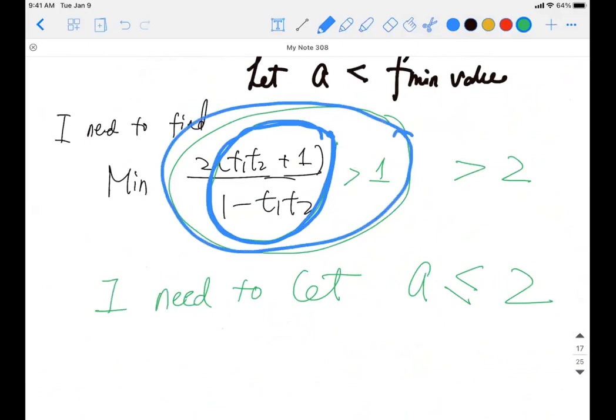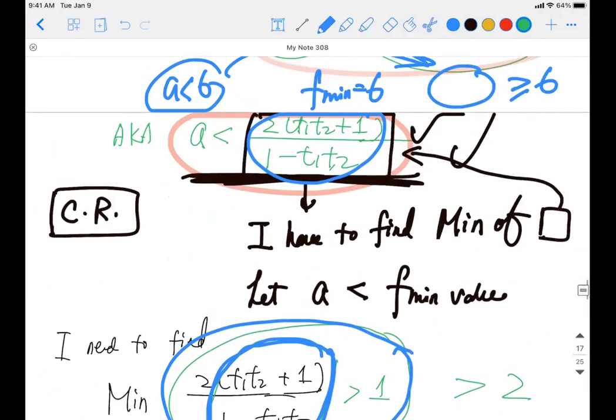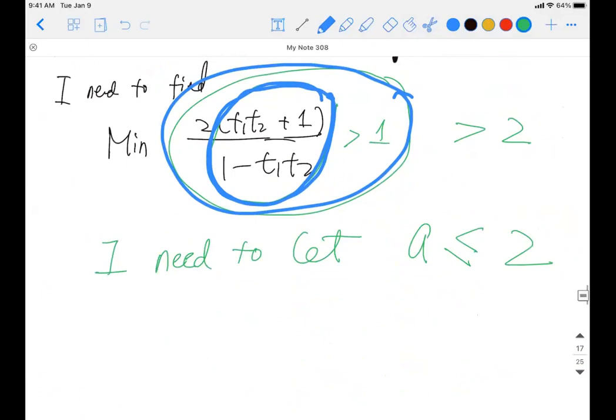It cannot reach 1, so this expression will be greater than 2. It cannot reach 2. So A can reach 2, but this expression won't be able to reach 2. Therefore, you can give this equal sign to A. I don't know if you can understand this tiny part. This is kind of like a boundary.